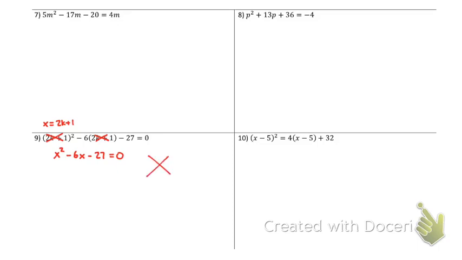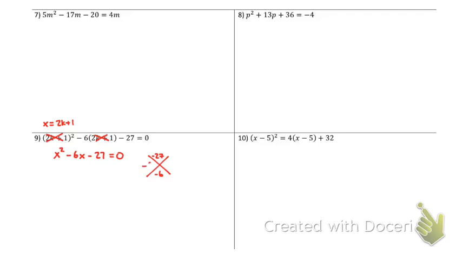Okay? Our a times c is negative 27. Our b value is negative 6. And what multiplies to negative 27 that adds up to negative 6?